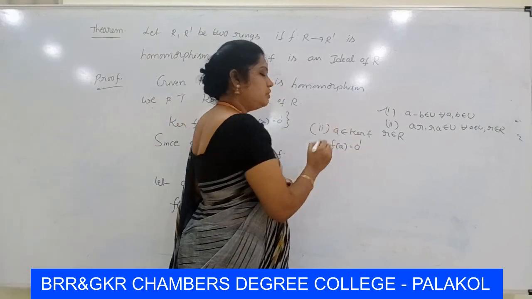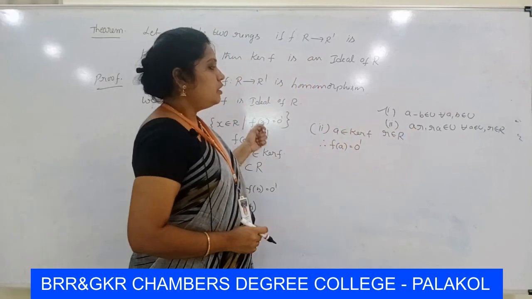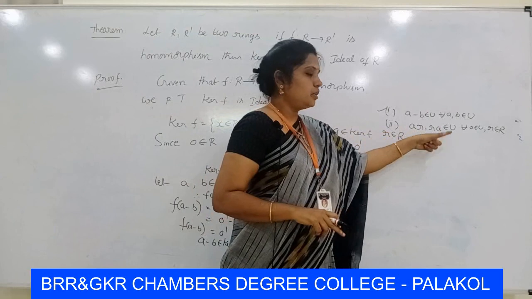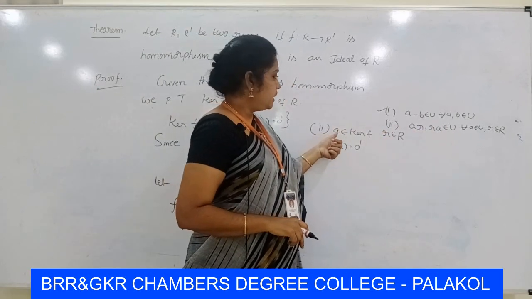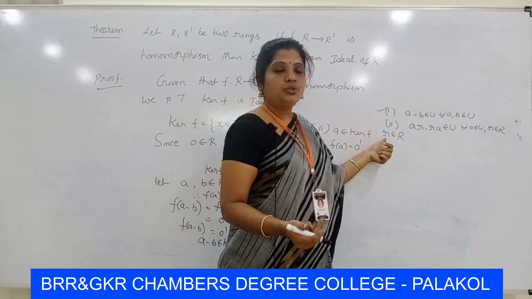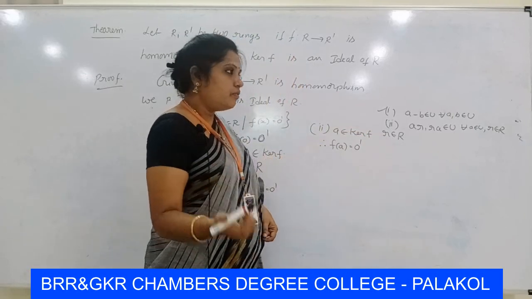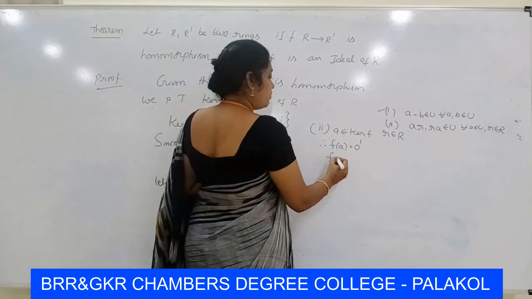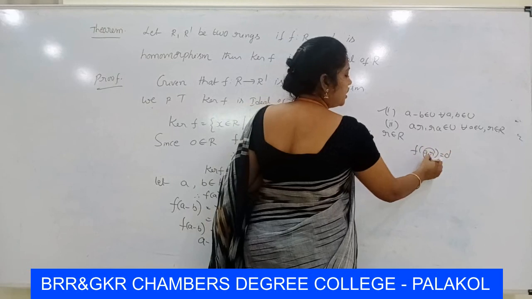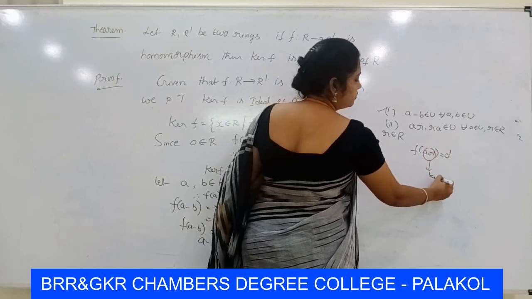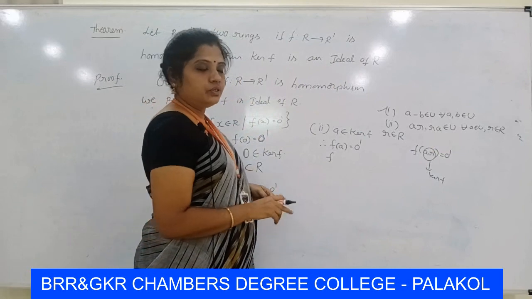We have to prove AR, RA belongs to U. That means here we prove that A into R belongs to kernel F. For this we have to prove f of AR is equal to 0 dash, then AR belongs to kernel F.